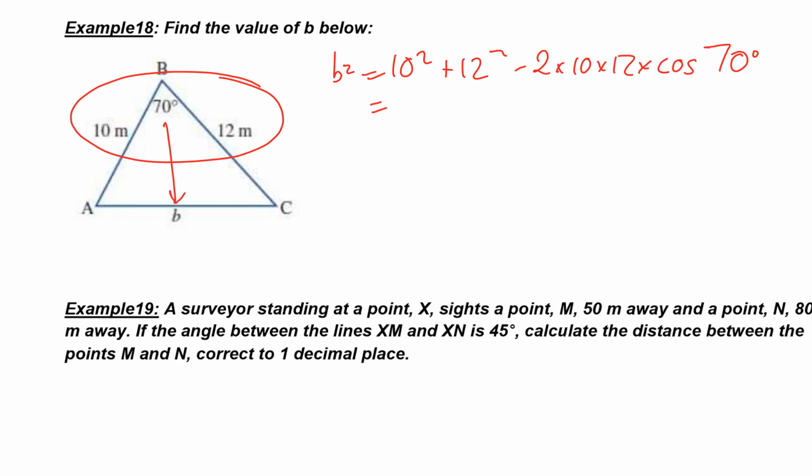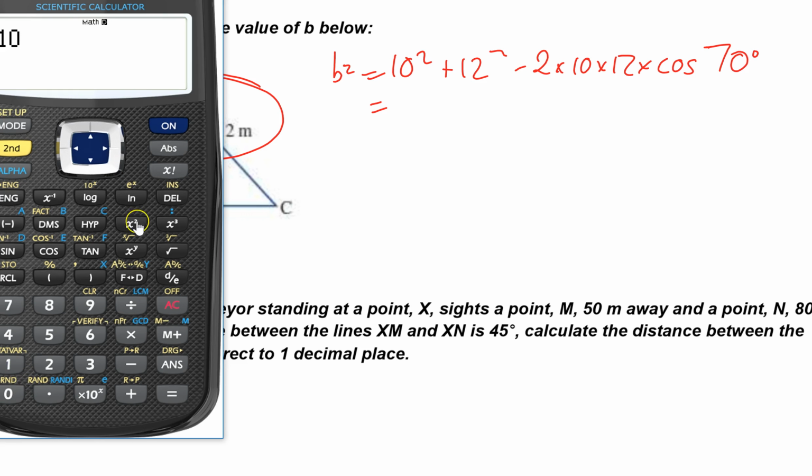And that goes into my calculator like this: 10 squared plus 12 squared minus 2 times 10 by 12 times the cos of 70 degrees equals 161.